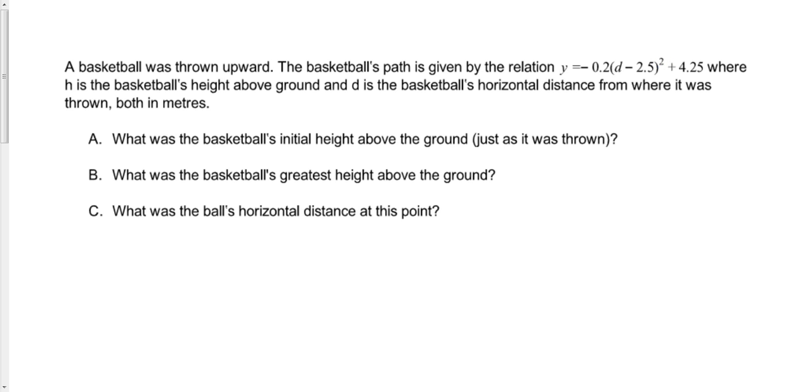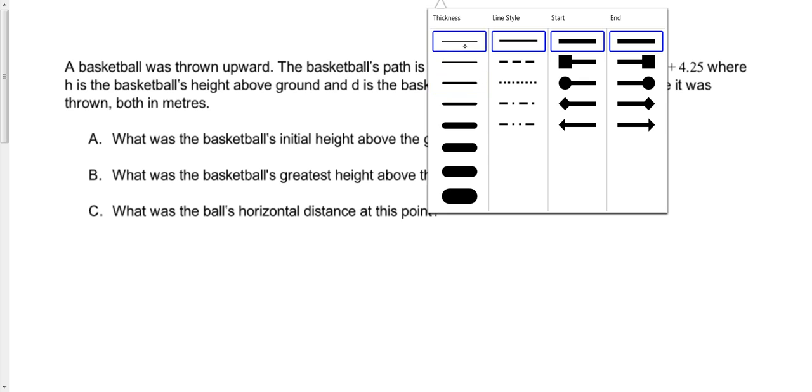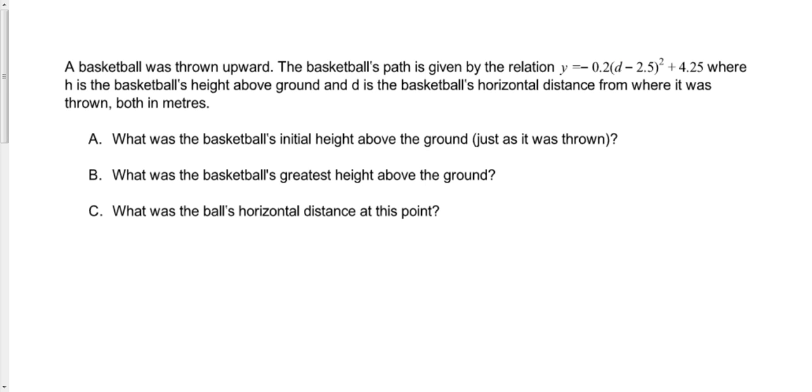We know that it's in vertex form because if we take a look at how this equation is structured, it's exactly similar to y is equal to a times (x minus h) squared plus k. Because we know that right off the bat, it's important for us to identify from this equation what our a, h, and k values are.